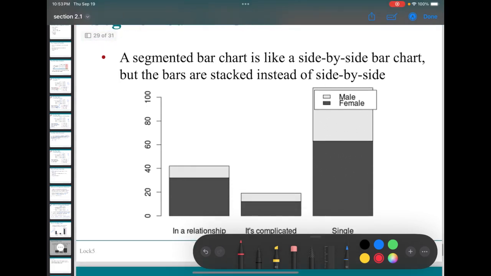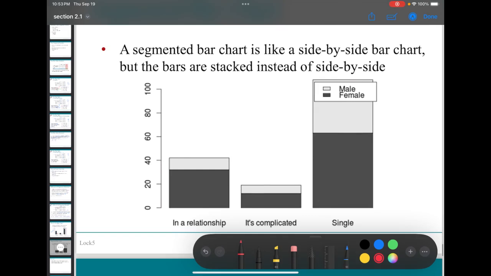Same as before. Here the difference is, instead of beside, we draw the other part on top of the previous one. For example, here you can see, I'll use blue, same color.